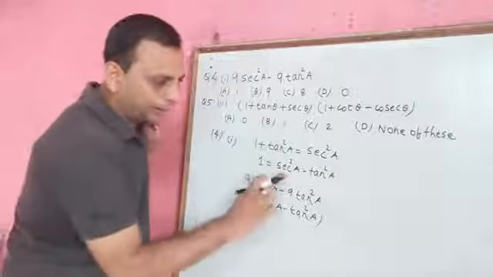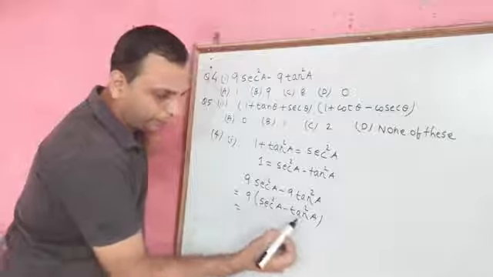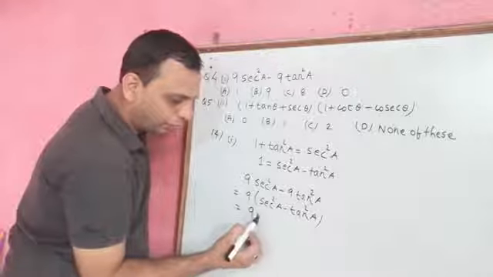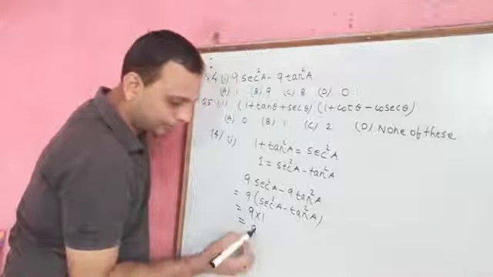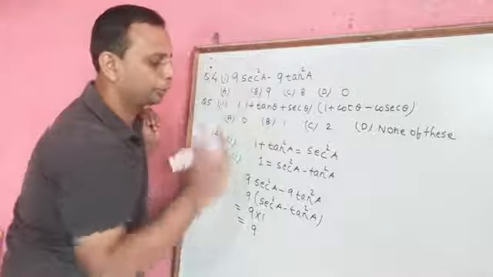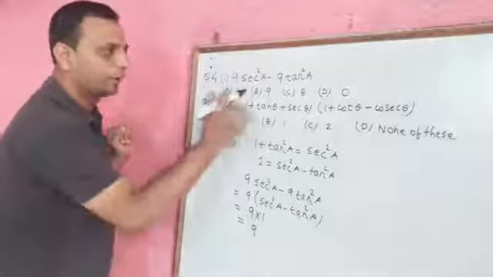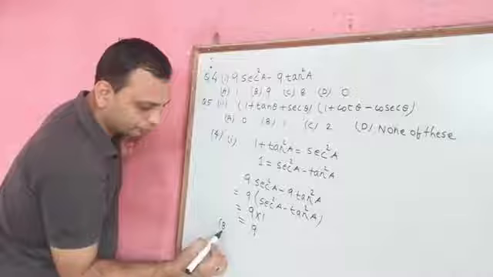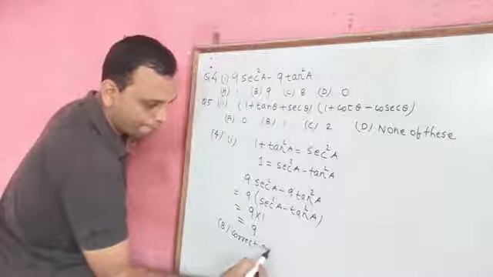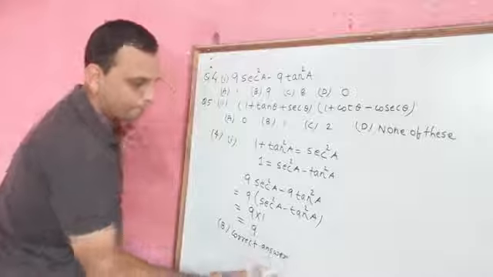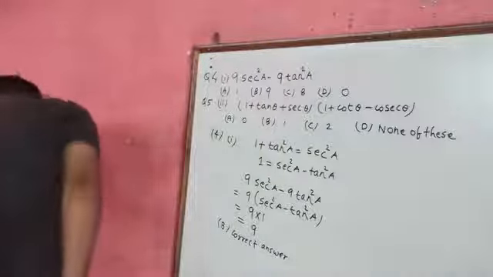Now you can see the sec square a minus tan square a equal to what? 1. So in place of sec square a minus tan square a, we can write 1. So 9 multiplied by 1 is equal to what? 9. 9 is the answer. So option B is the correct answer. B is the right answer, B is the correct answer for question number 4.